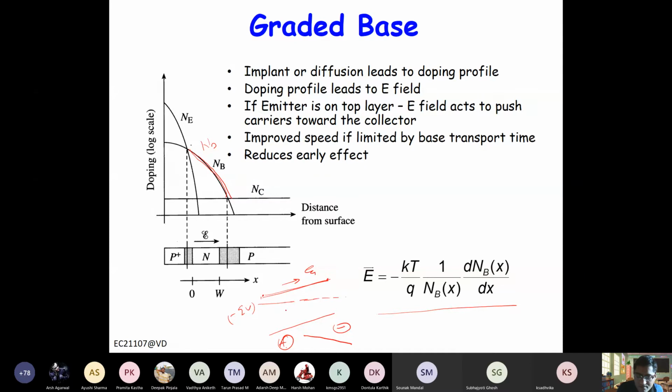So this electric field will help the holes. If some holes come here, they will be accelerated by this field, so they will cross over the base region faster. It will take less time for the holes to cross the base.